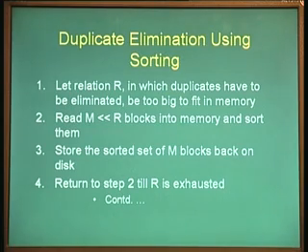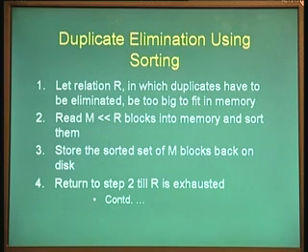Now as we know, because we are given m blocks of memory available to us, start reading R in terms of m blocks of data, that is read m blocks of data into memory and sort them, and the third step is store the sorted set of m blocks back onto disk. Now continue from step 2, that is read the next m blocks of data from R, sort them and put them back onto disk in a separate file name.